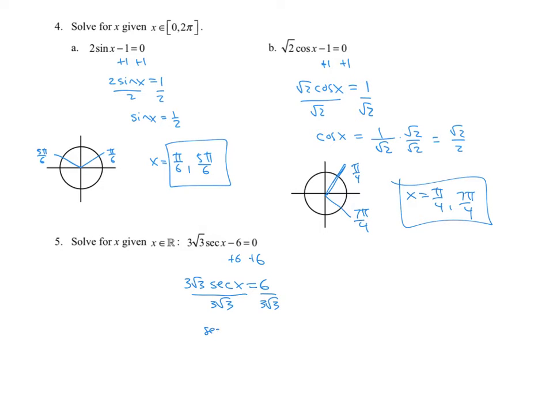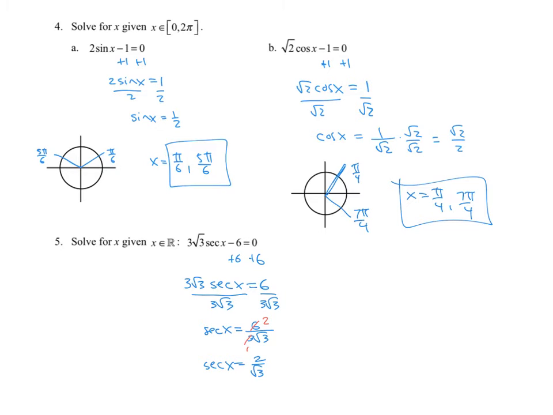And we get secant x equals 6 over 3 radical 3. I can simplify that fraction. 6 and 3 are both outside the radical, and they can both be divided by 3. This becomes a 1 and a 2. So we end up with secant x equals 2 over root 3. Now, it's probably easier for me to think about cosine.